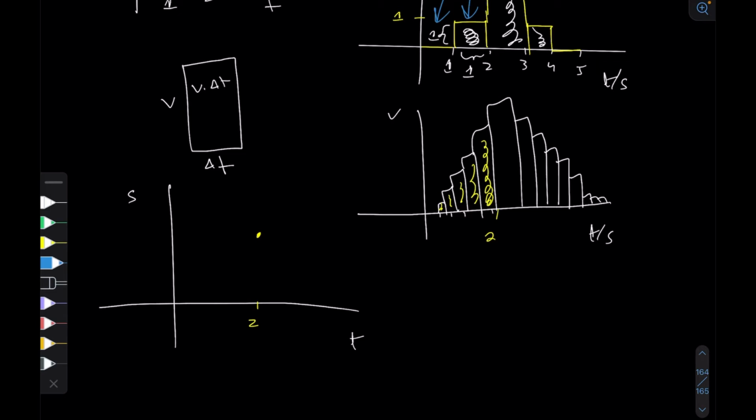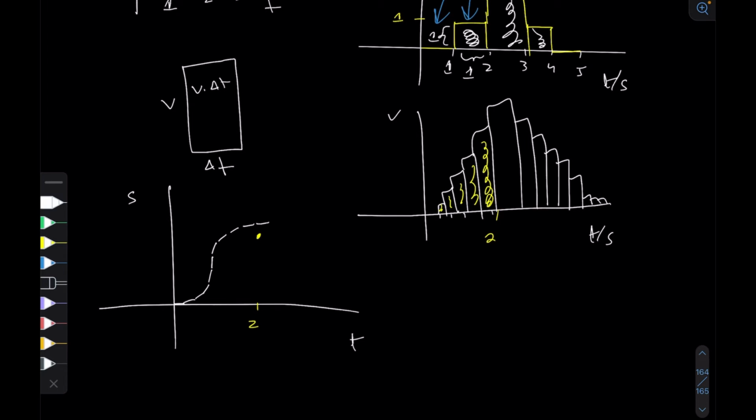If I plot my displacement time graph using this information, what I would get is some small lines that are changing like this, and they're joined.